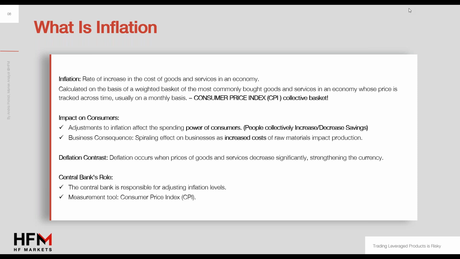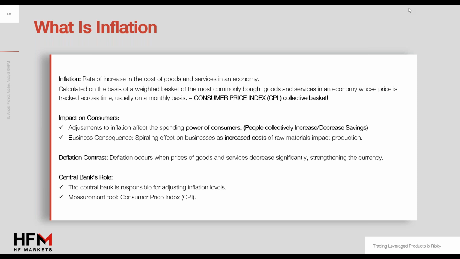So the central bank, as we mentioned earlier, of each country is responsible for adjusting the level of inflation and uses the consumer price index to measure the rate. Think of it as a basket.